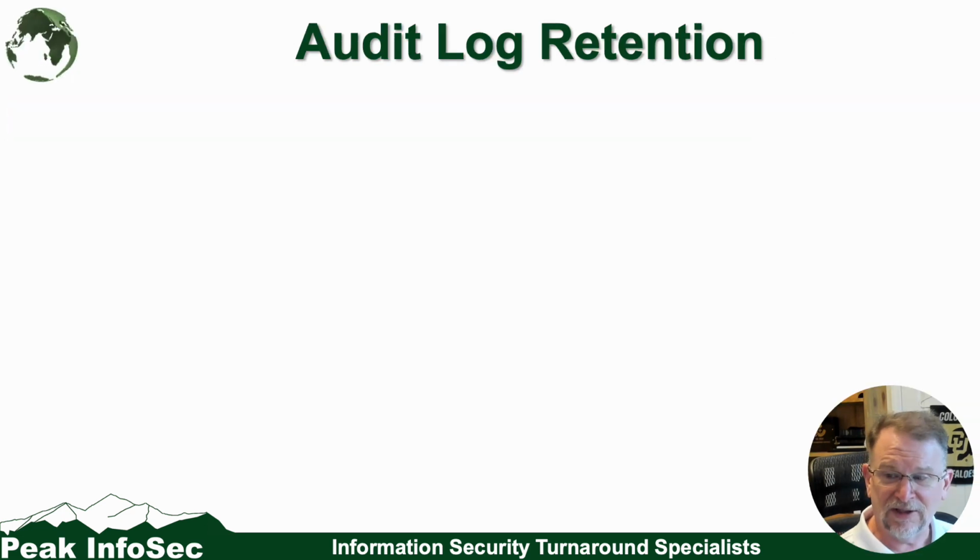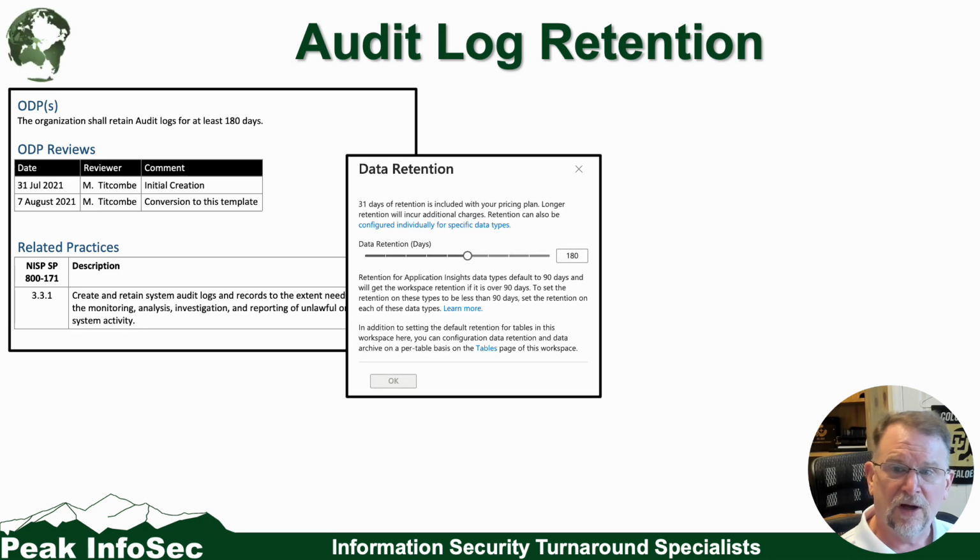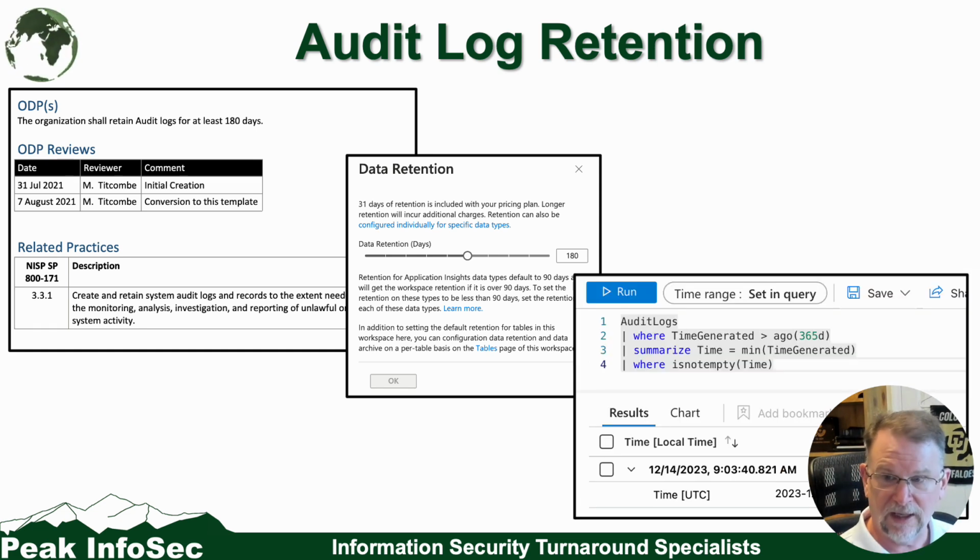Now, audit log retention is a little bit easier. Again, you've got to have your approved ODP. You can see this was created originally on 31 July and updated to the template that you see in front of you. This is the screenshot from Azure Sentinel showing that we are configured to retain audit logs per the ODP for 180 days.